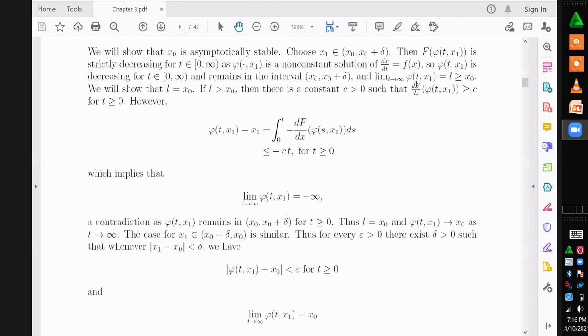The limit of phi(t, x1) as t approaches infinity is some limit L, which is greater than or equal to x naught.